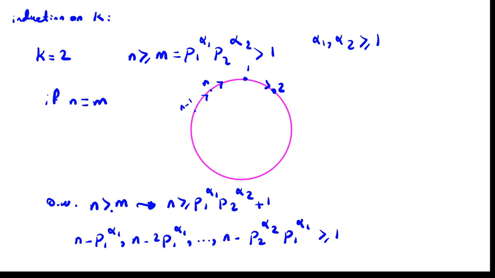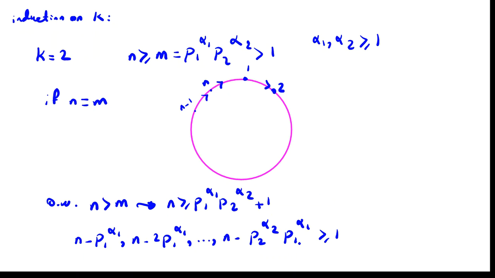Otherwise, if n is strictly greater than m, then n is at least p1^α1 p2^α2 plus 1. Now we consider the numbers n minus p2^α2 times p1^α1, and n minus p1^α1 times p2^α2. We want to say that all of them are at least 1 because n is greater than or equal to this.